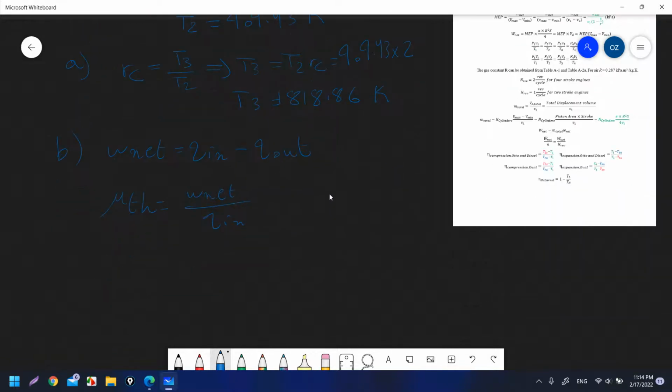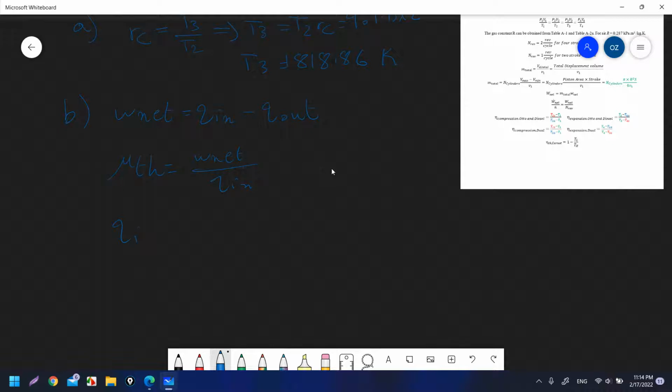So Qn is equal to Cp (T3 minus T2). Cp from the table is 1.005, T3 is 1818.86 minus 909.43. So Qn is equal to 913.98 kilojoule per kilogram.